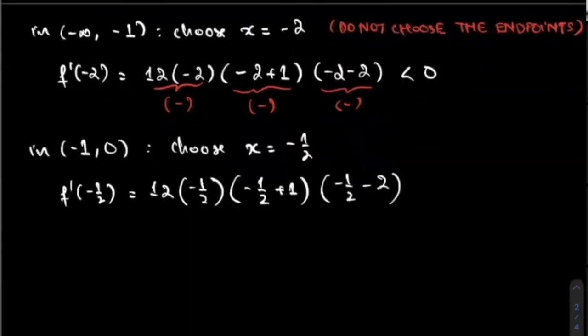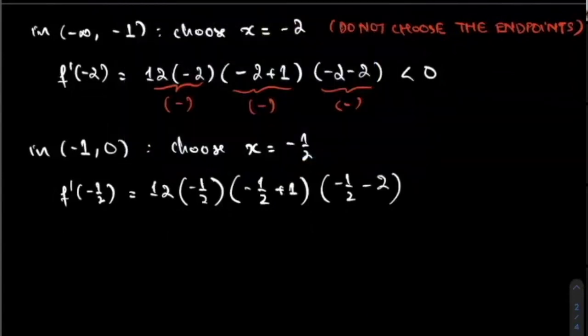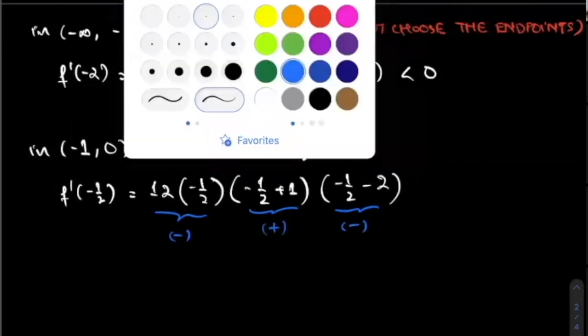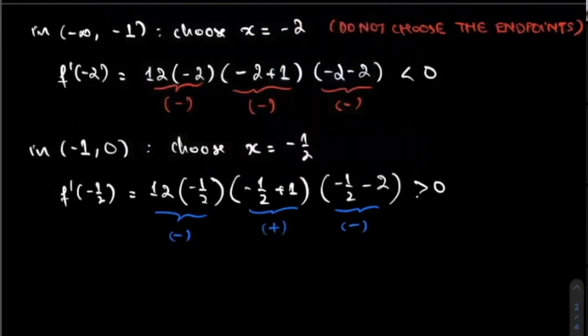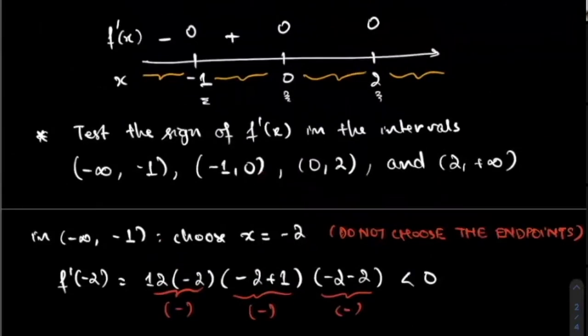Once again, you don't have to fully calculate the result; just look at the sign. 12 times negative 1/2 is negative, negative 1/2 plus 1 is positive, and negative 1/2 minus 2 is negative. Altogether, this is a positive number, so f prime in this interval is positive. You put the plus sign up here to indicate that between negative 1 and 0, the function is increasing.